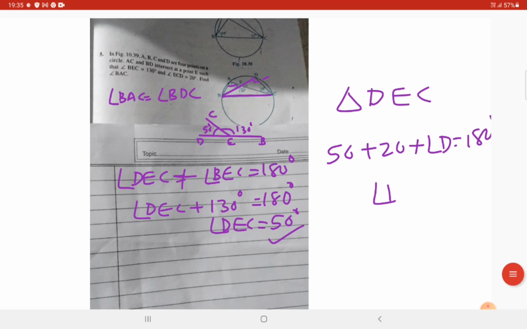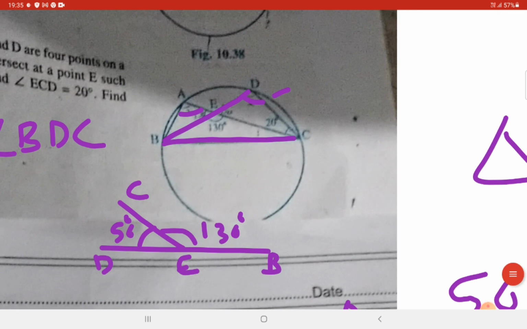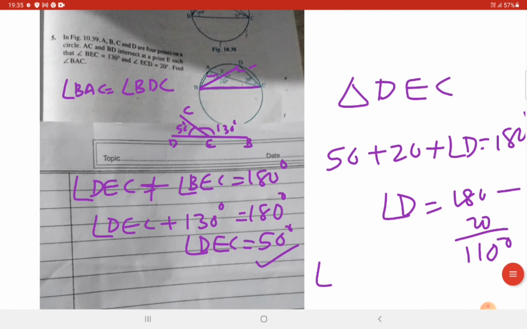So angle D is equal to 180 minus 70, that is 110 degree. Now what does D mean? Angle D means it is BDC. So angle BDC is equal to 110 degree. Now BDC and BAC are equal, so angle BAC is equal to 110 degree.